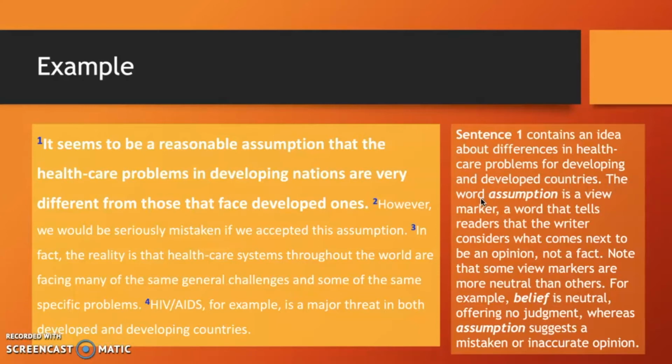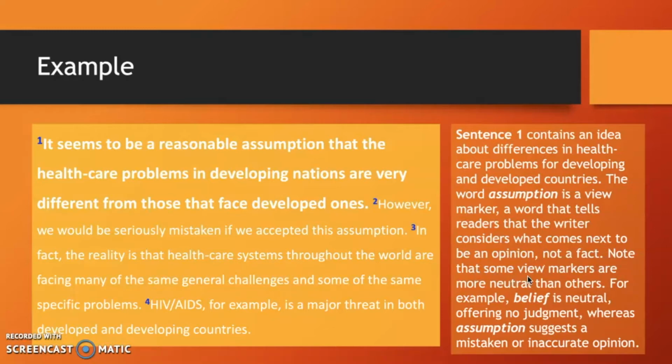The word assumption, here's the word assumption, is a view marker, a word that tells readers that the writer considers what comes next to be an opinion, not a fact.